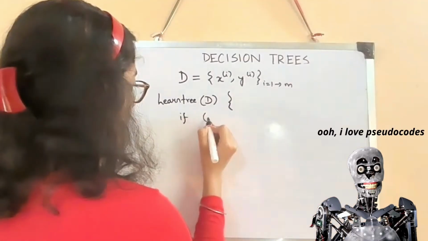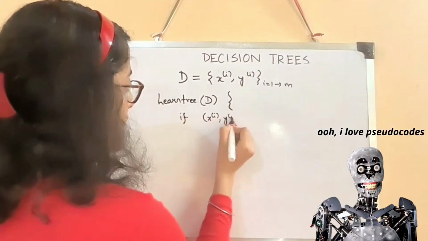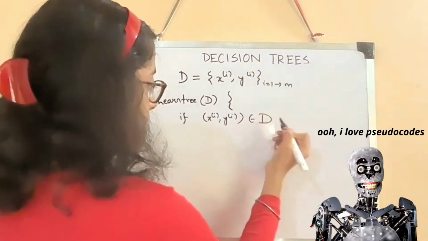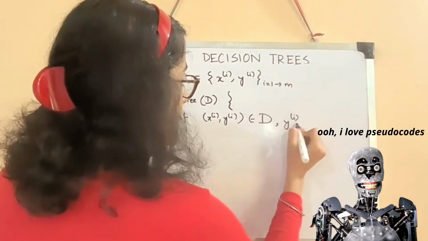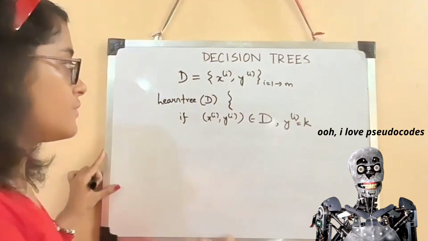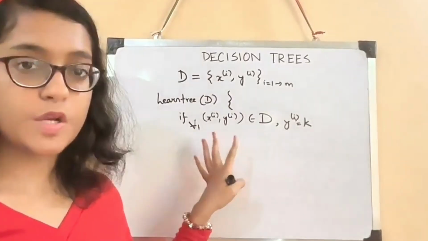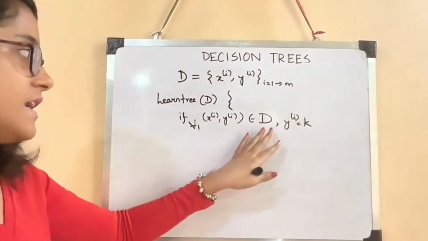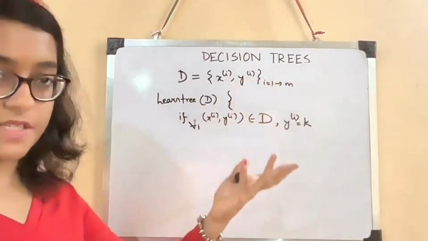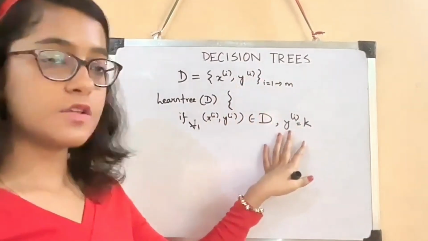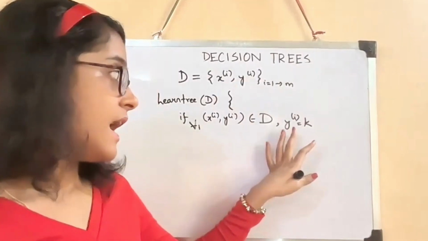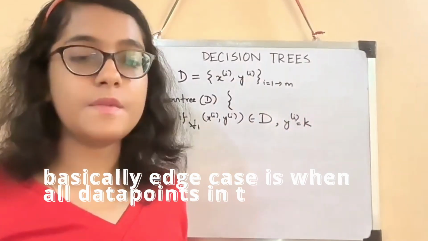If we have (xi, yi) belongs to D and yi equal to k, for all i. So at this node, whatever i we have, for all i, it belongs to the data set, obviously. That's the known criteria. It belongs to our hypothesis space, as I said. And yi is k. That is, all of them belong to the same class.